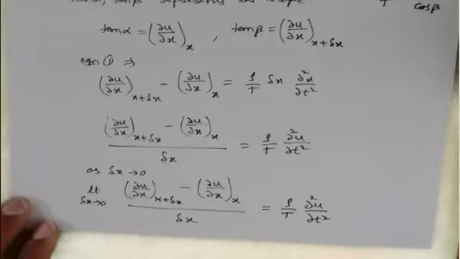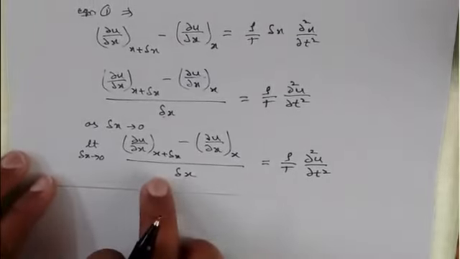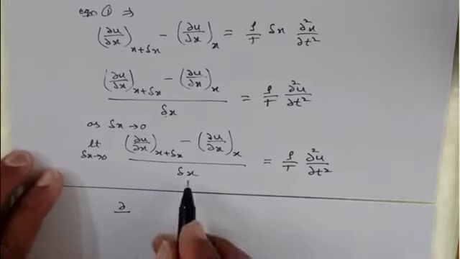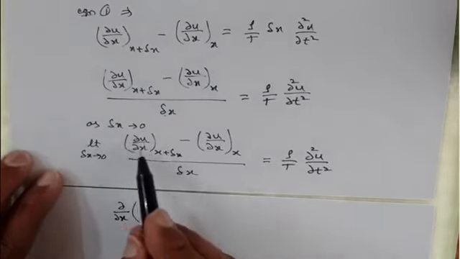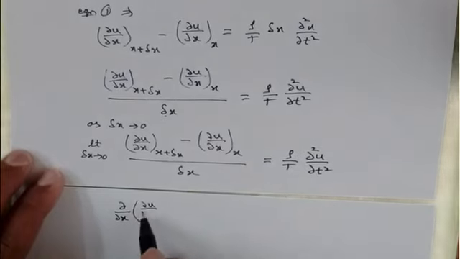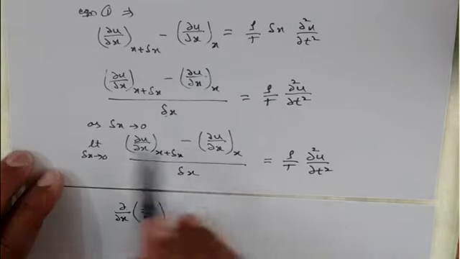Now this expression represents the basic differentiation formula. So this represents dou by dou x of dou u by dou x.